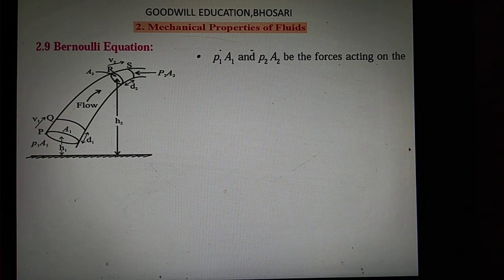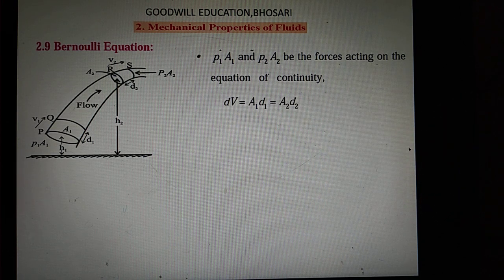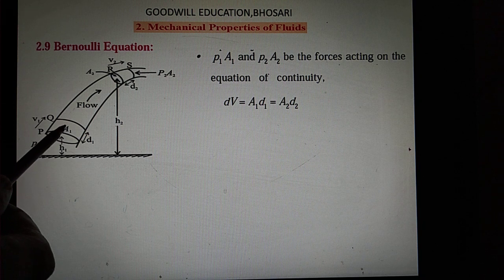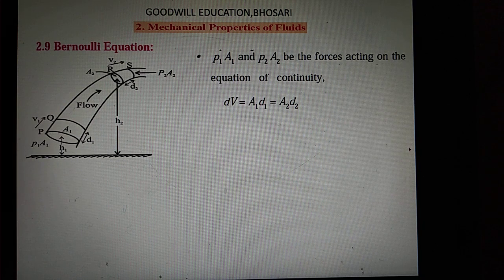Here P1 A1 and P2 A2 are the forces acting. So the equation of continuity: we know that A1 D1 is equal to A2 D2. Correct? This is dV, the volume. So the volume, that is the mass entering and leaving, should be the same when we are considering this steady state flow. Correct?